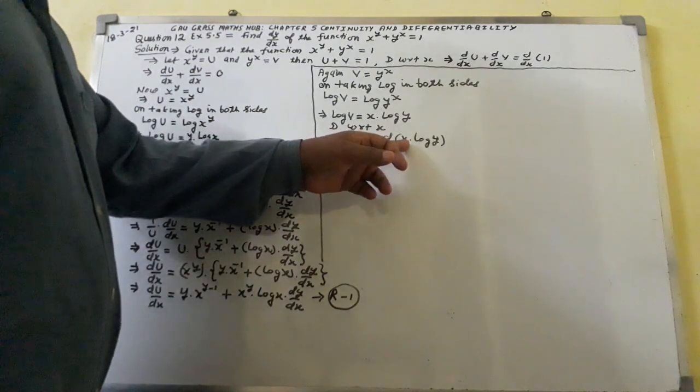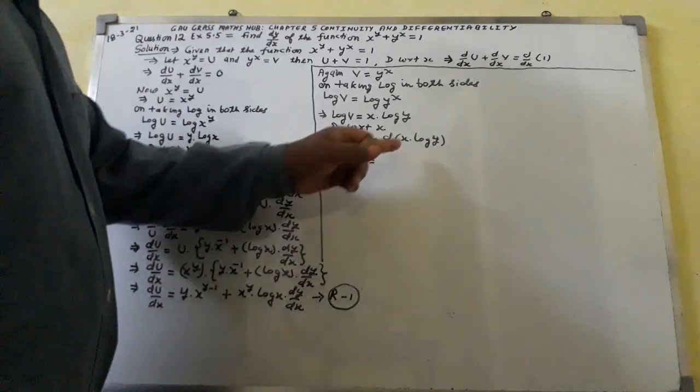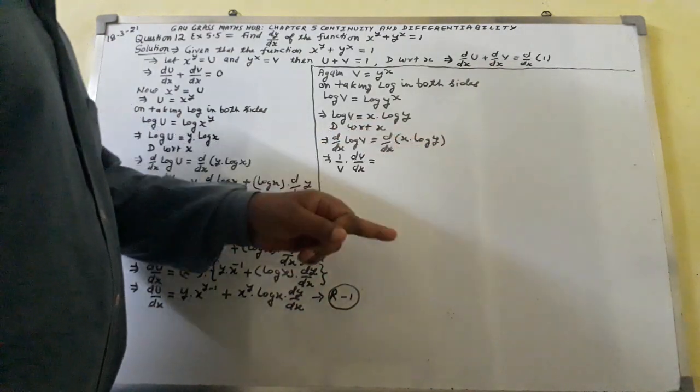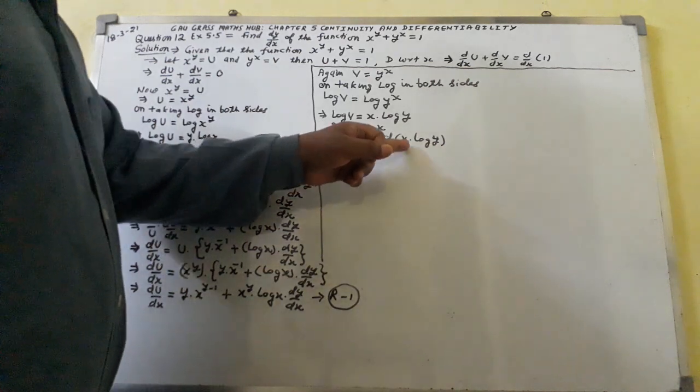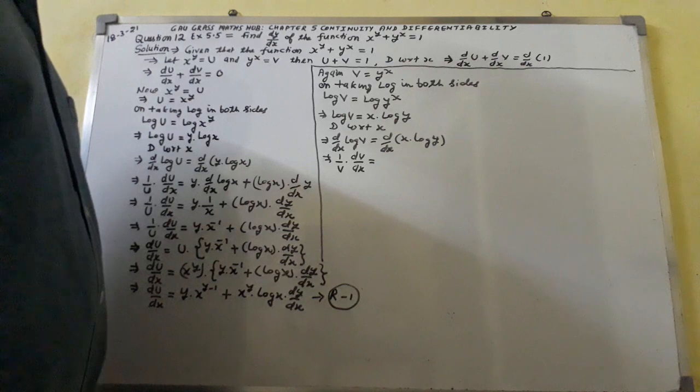here let first function be x and second function be log y. First function is multiplied to second function. d over dx of first function into second function. Here I shall use product rule.